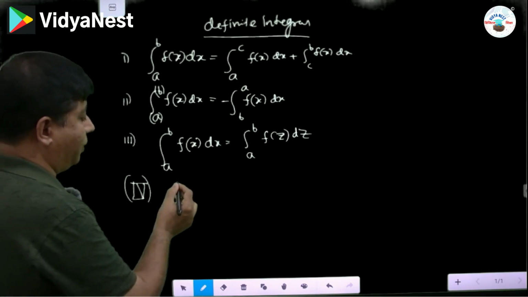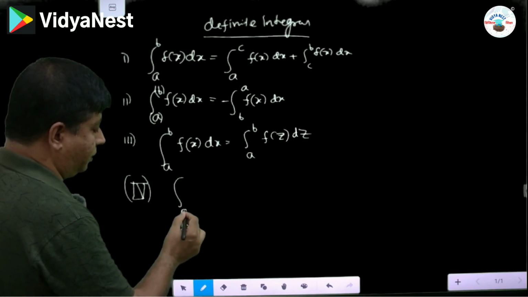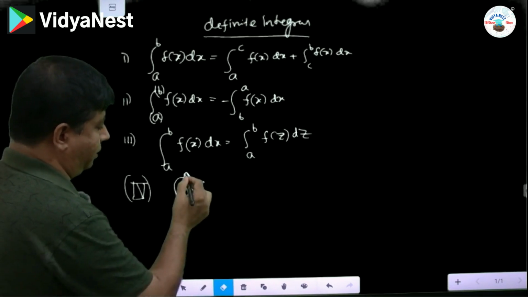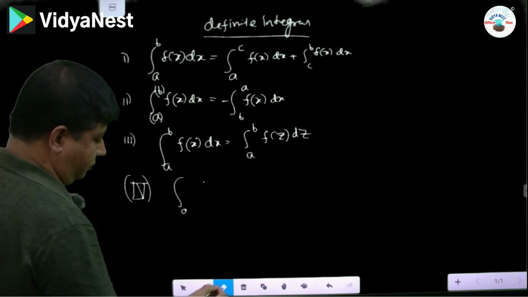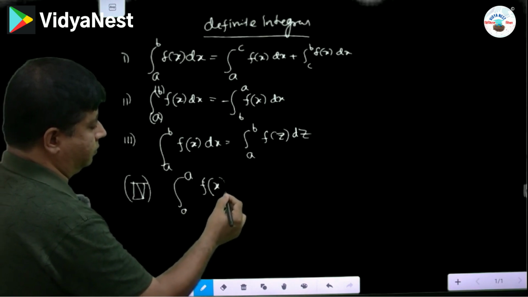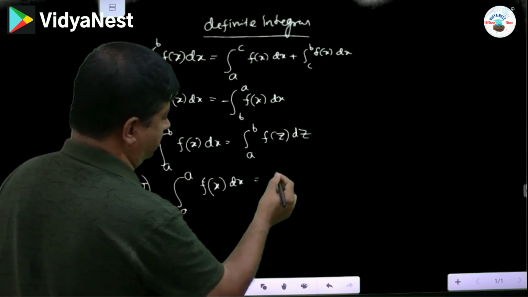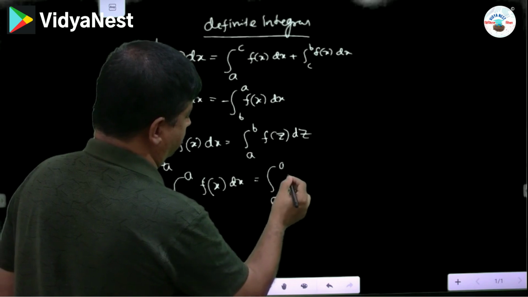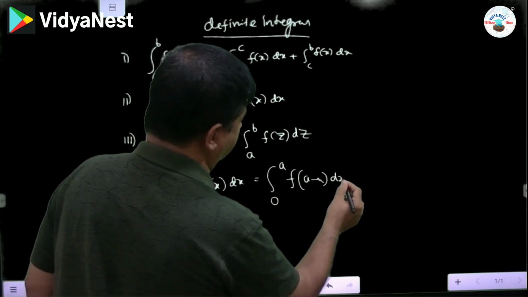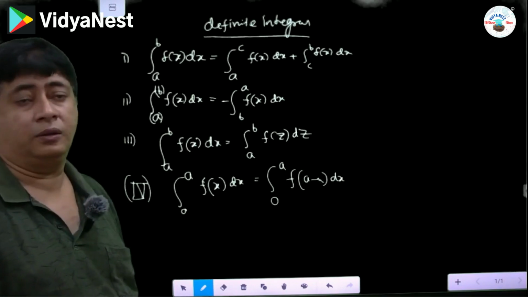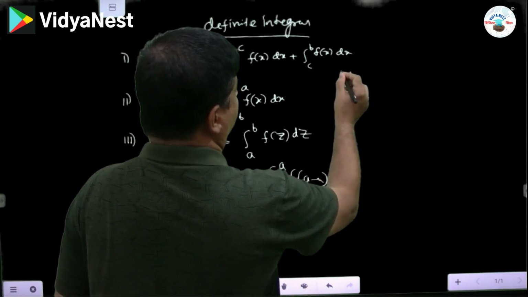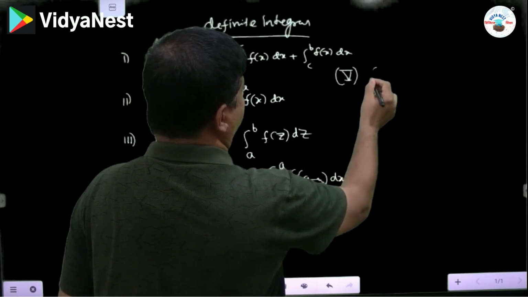And one of the important properties we discussed, 0 to a. Hope you can remember this. We had gone through this property also.